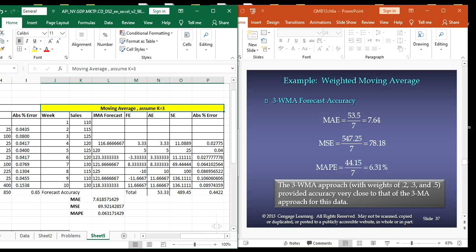The mean of absolute errors gives us a little bit higher value than this, and the mean of squared errors is also higher than the moving average. The mean of percentage errors is also more or less the same. So the moving average with 3K is a better estimation than the weighted moving average in this case.